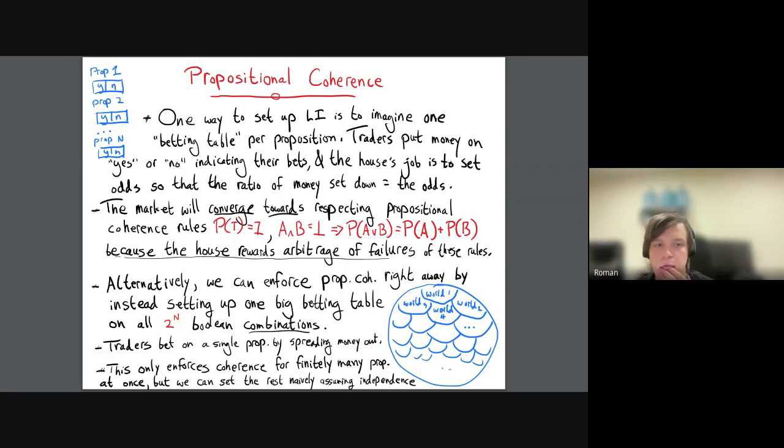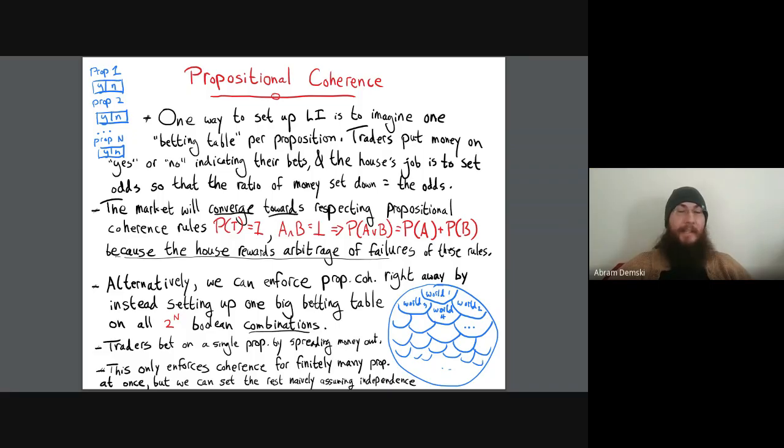The logical non-omniscience comes from the fact that we only have n propositions. Also, I'm only enforcing logical omniscience with respect to propositional consistency, meaning there are still first-order rules of logic and axioms of Peano arithmetic that are not being respected, because those logics are not decidable in finite time.